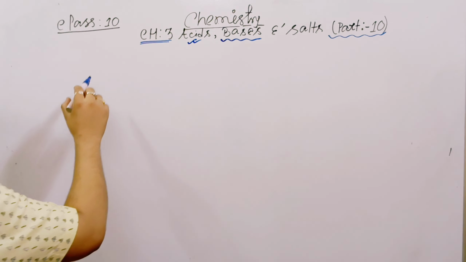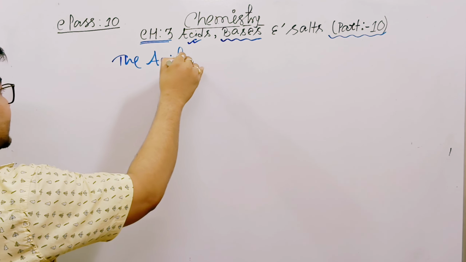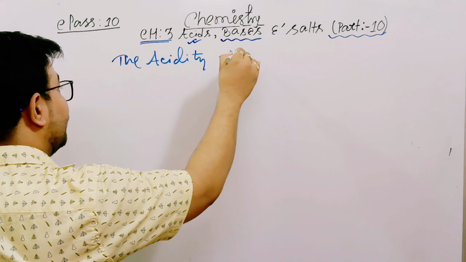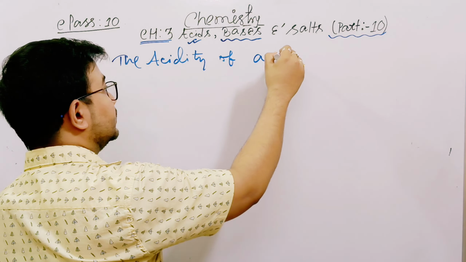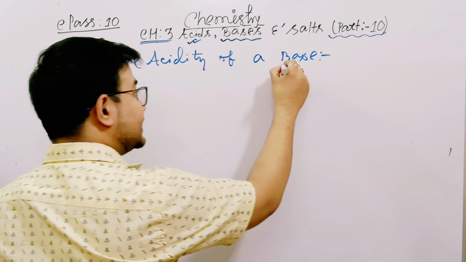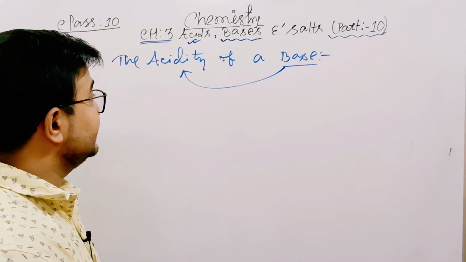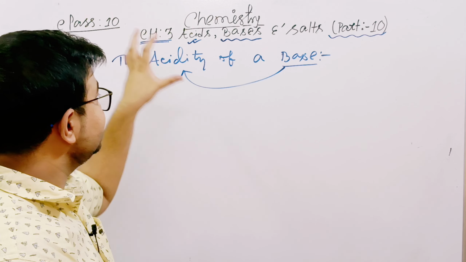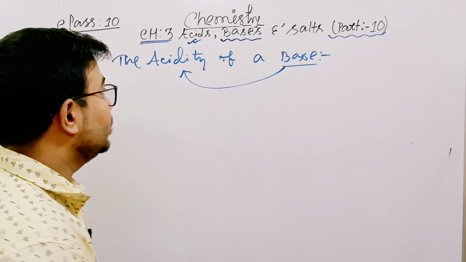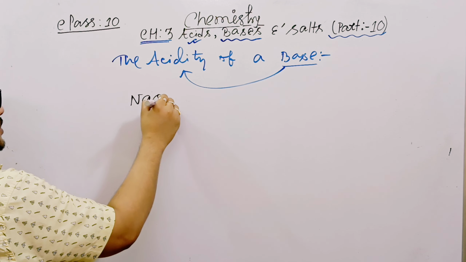Now look at the board. The acidity of a base. See the term. It is a base, but its acidity. It is not an acid, it is a base. But what is the acidity of a base? Suppose I choose a compound NaOH.